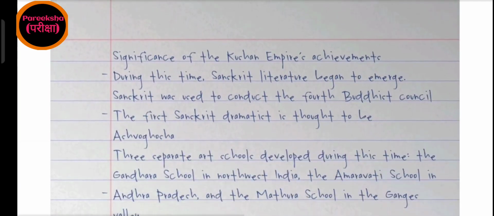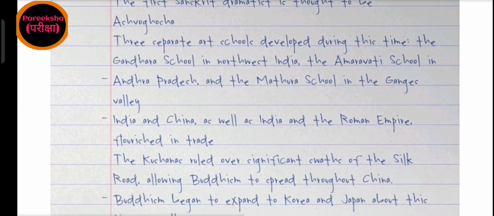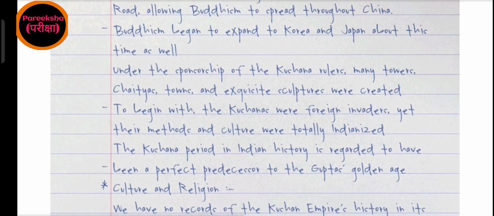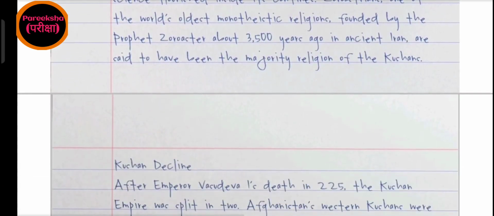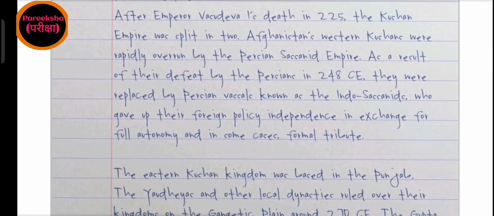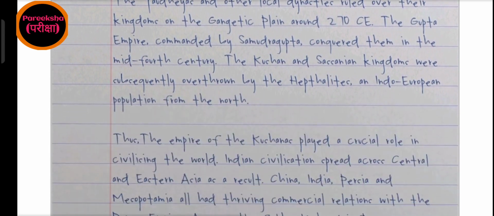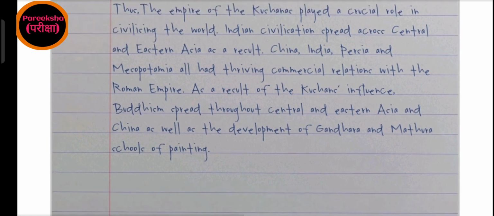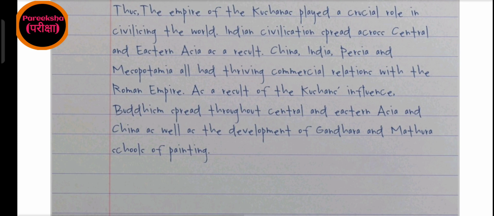Significance of Kushana Empire's achievement. कुशाना का डिक्लाइन कैसे होता है फिर. और फिर आप कंक्लूजन में लिख सकते हैं दस द एम्पायर ऑफ द कुशाना प्लेड अ क्रूशियल रोल इन सिविलाइजिंग द वर्ल्ड.